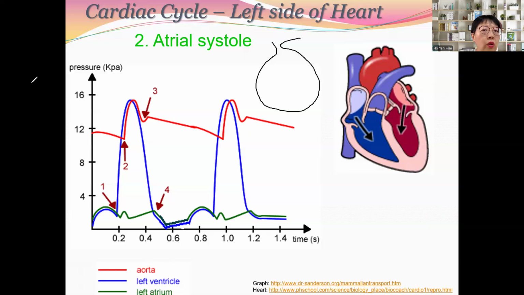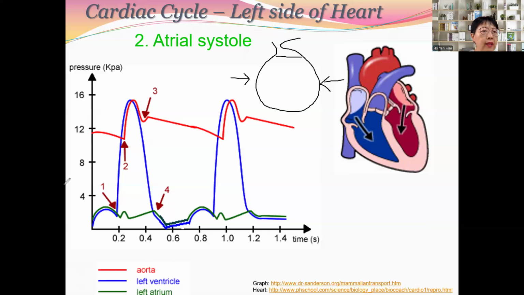And then you start to squeeze the bag, both sides, with your palm. When you squeeze the bag, what do you feel on your palm? Does the pressure increase or decrease? Increase, right? You can feel the pressure increasing as you continue to squeeze.